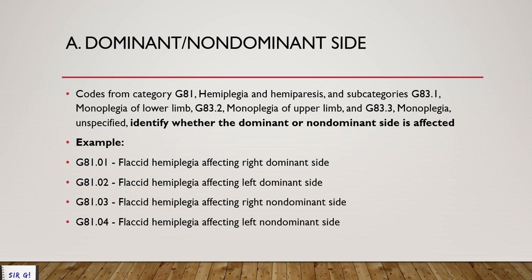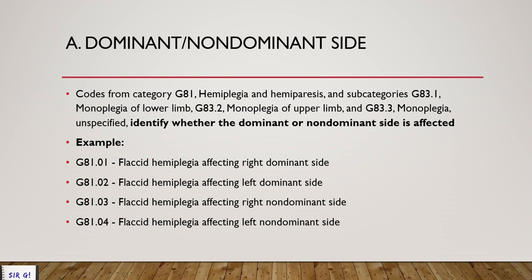So the left side is affected and the patient is right-handed. That means the patient's dominant side is the right side because she or he is right-handed. Now the affected side is the left, meaning the left side is the non-dominant side.